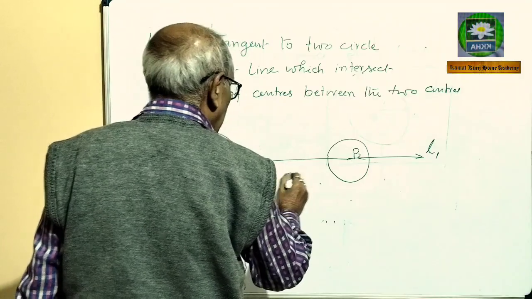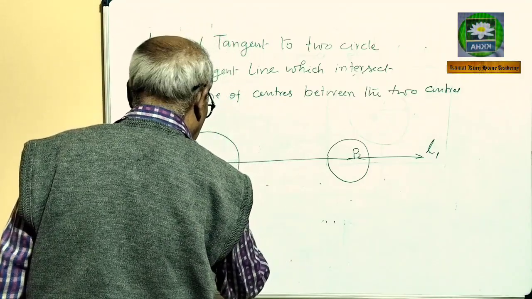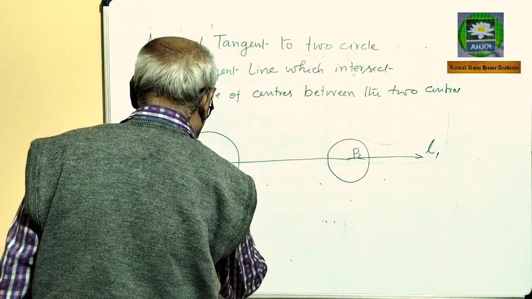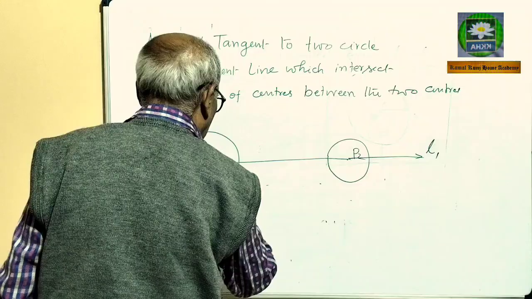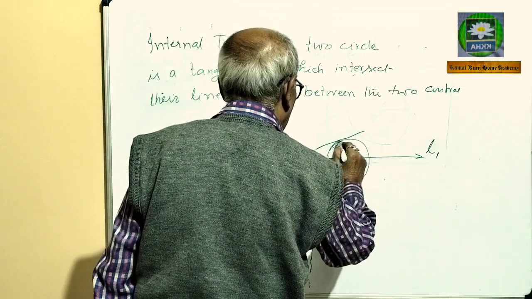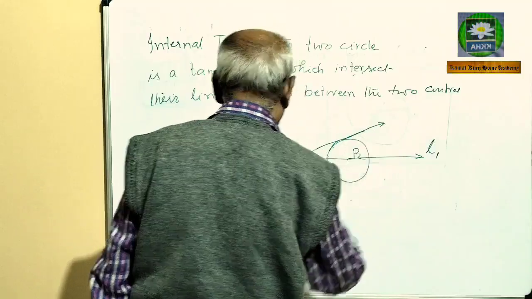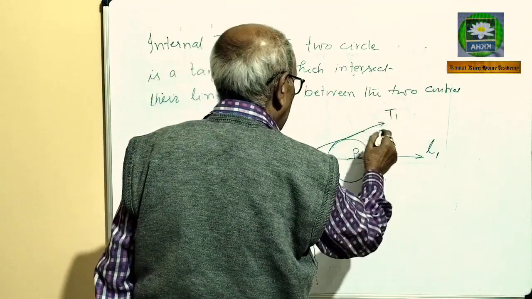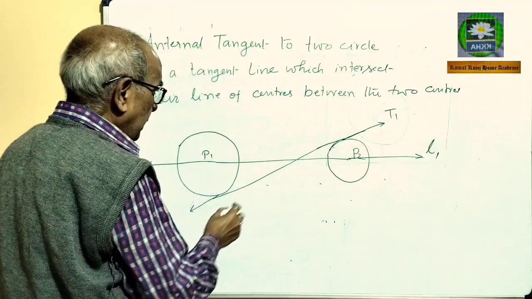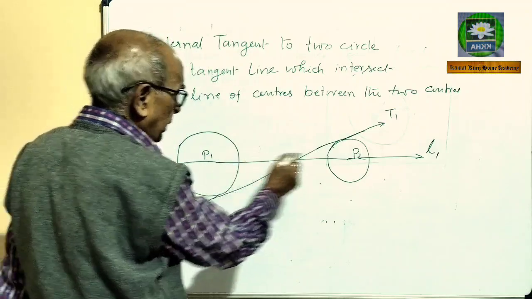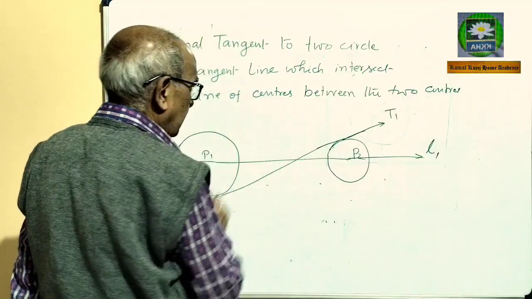Now, this is the internal tangent T1. It intersects the line of centers between the centers.